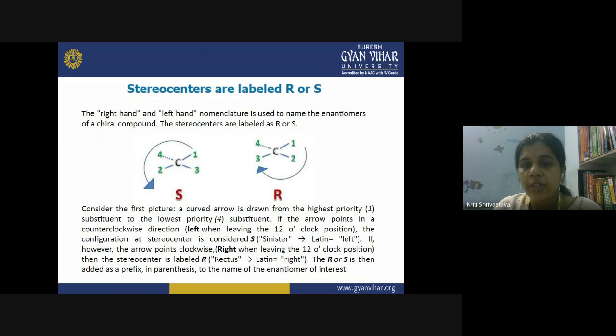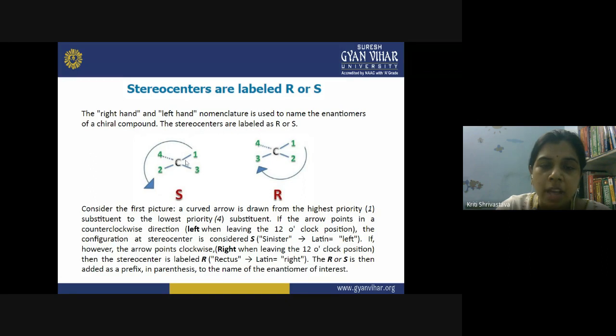So now in this system, we are assigning the stereo center and naming that stereo center R or S. Okay, so how do we do that? Suppose this carbon is my stereo center in a molecule. It has four different groups attached to it, and we will assign priorities to these groups.